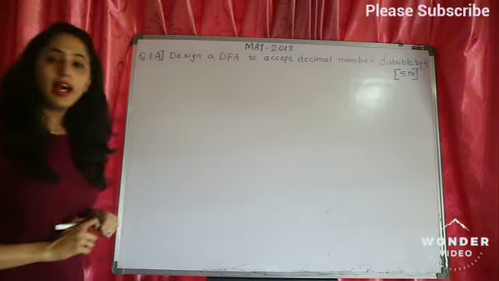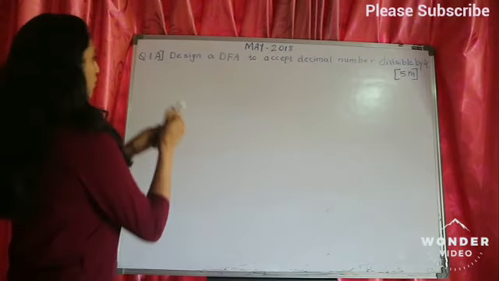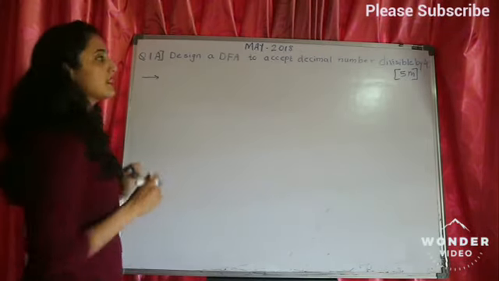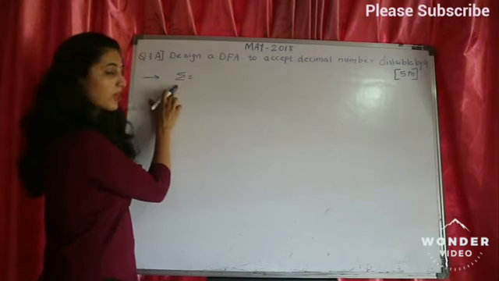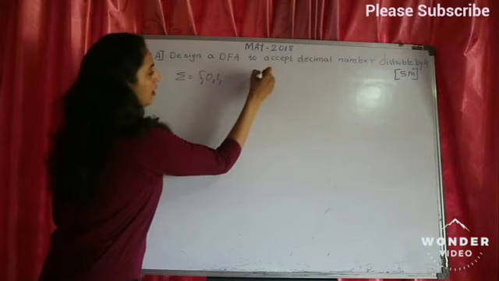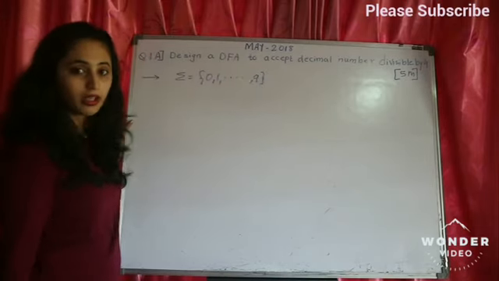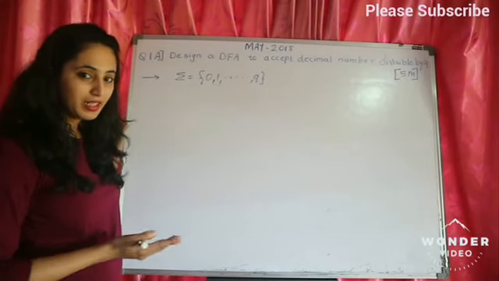Now, let us start with the solution of this question. As we all know, the decimal number means it will have the input symbols, which is indicated by sigma, from 0 till 9. And whenever we divide anything by 4, what is the remainder that we get?